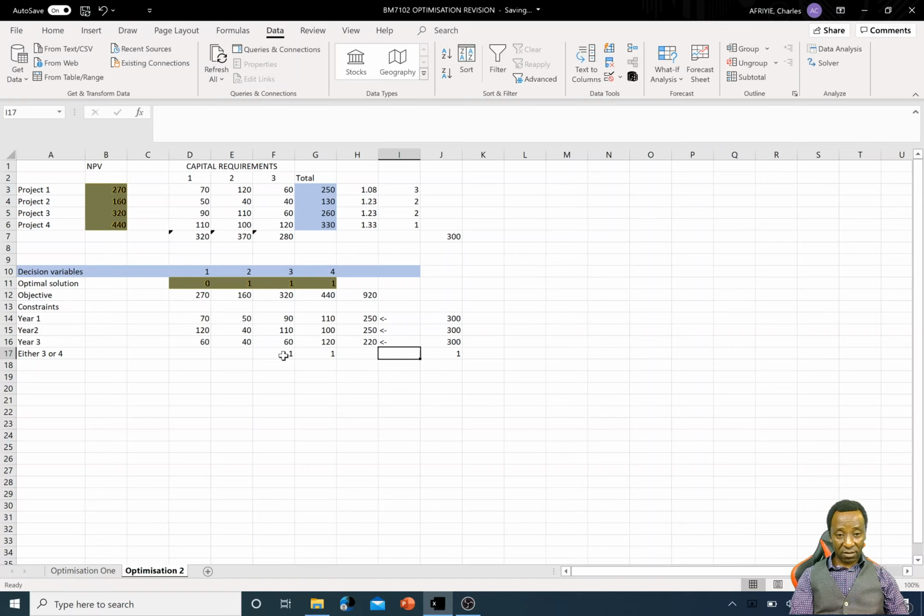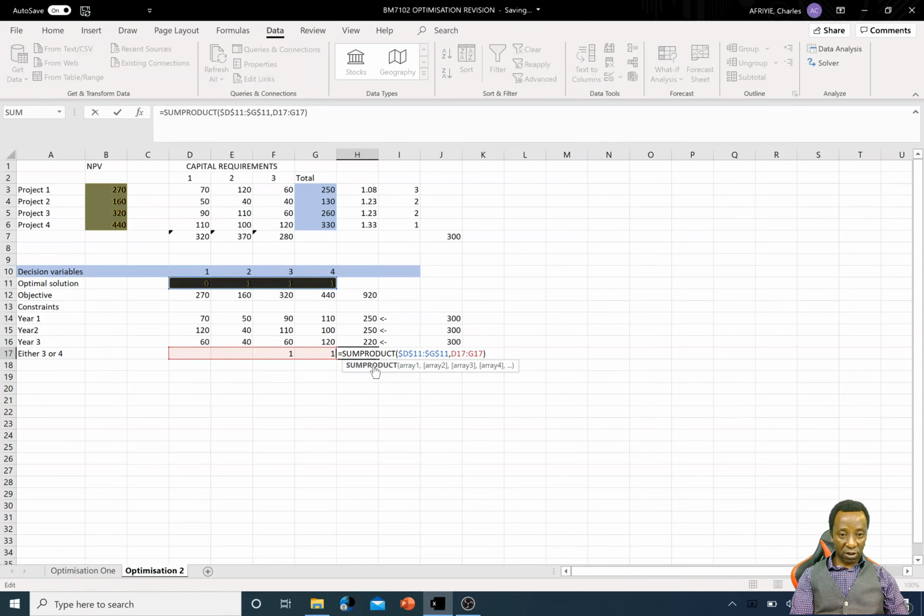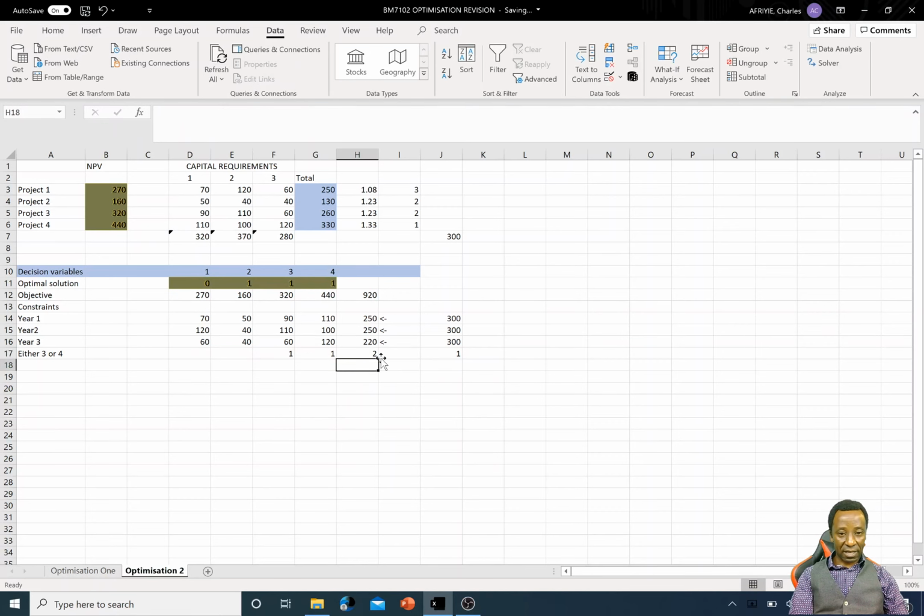These two here are 2 now. You are being forced to choose only one of them. I've just dragged the sum product formula down. You can see now that that is 2, but we want that to be 1.